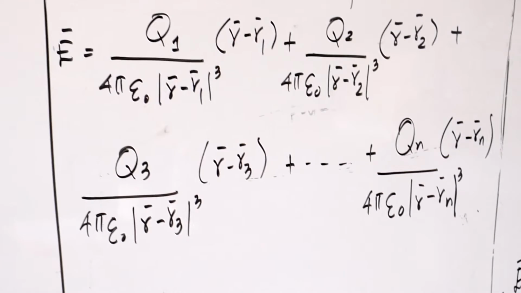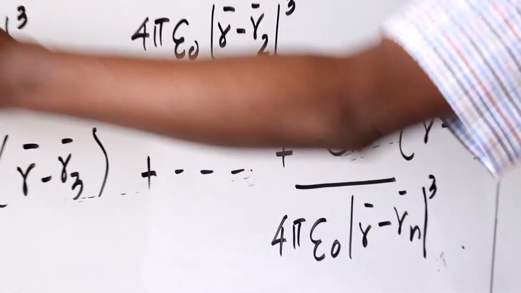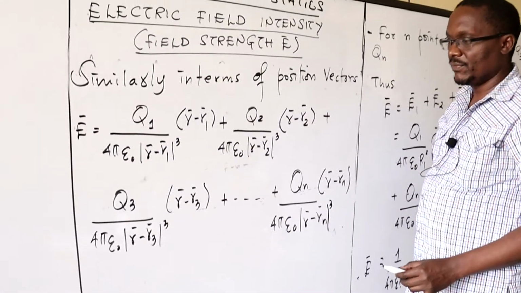That is how we represent our vector in terms of position vectors. I mean our electric field intensity in terms of position vectors.